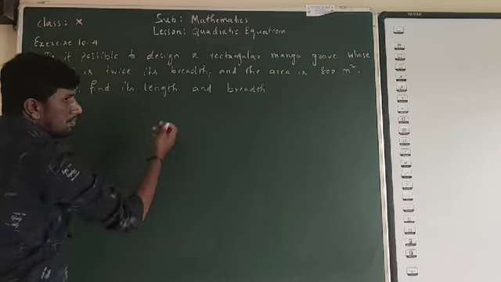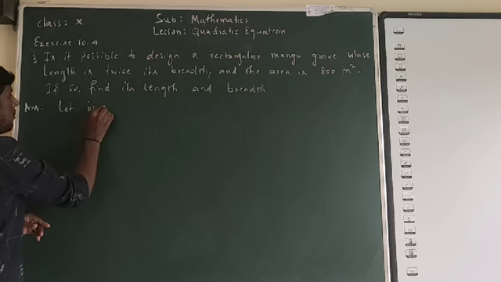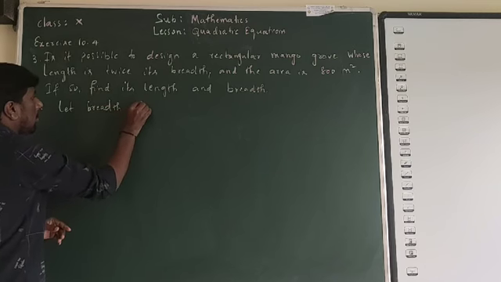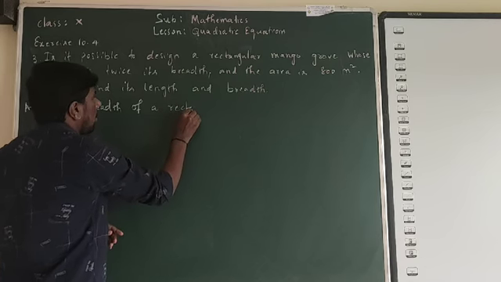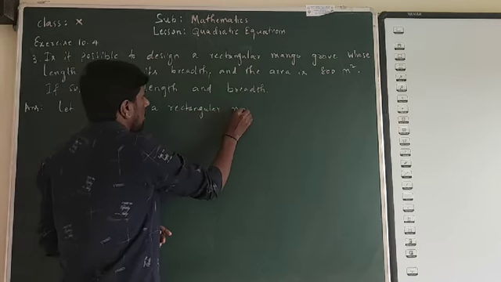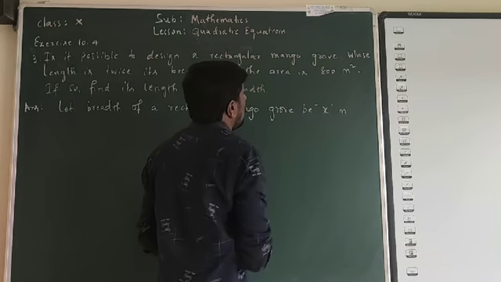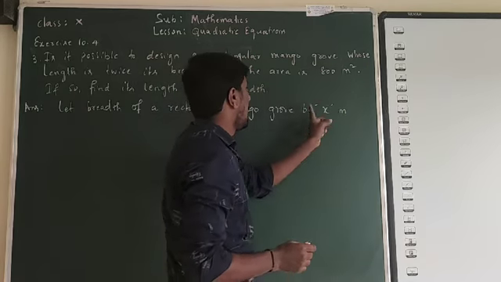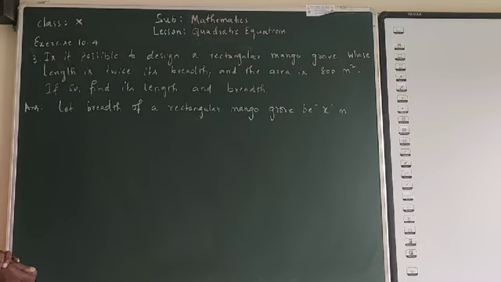So let the breadth of a rectangular mango grove be x meter. Since the area is given in meter square, I have defined the breadth as x meter. Now let us express length.